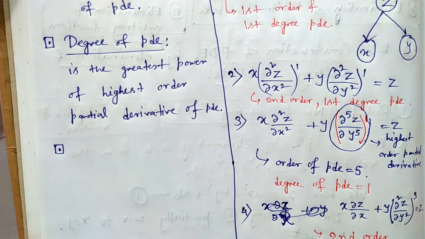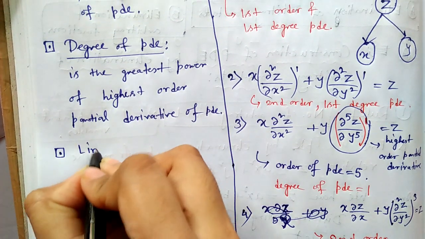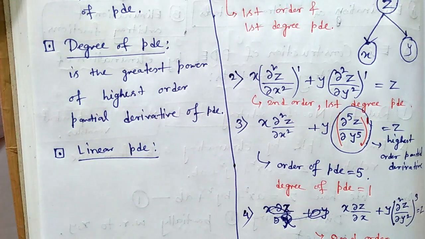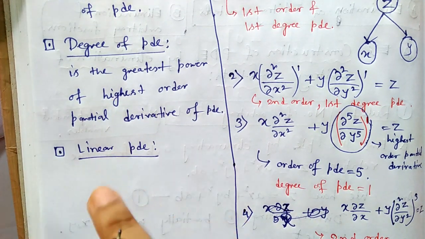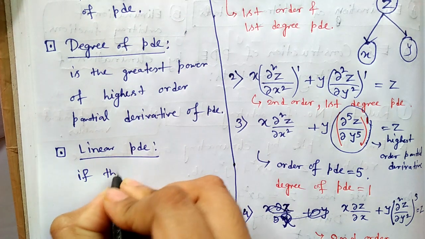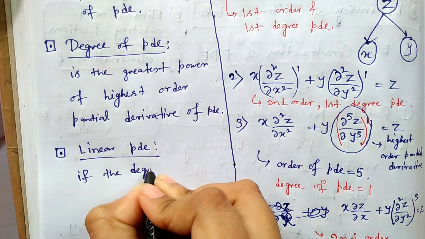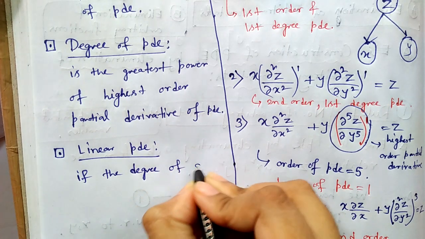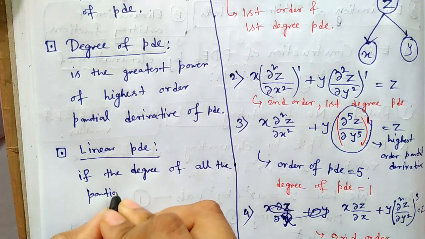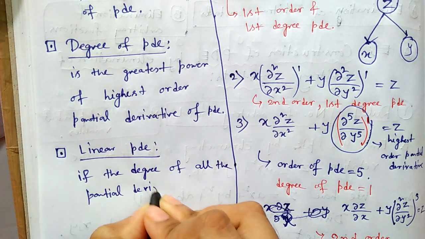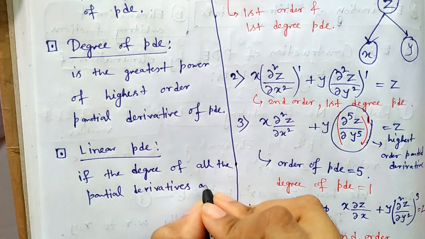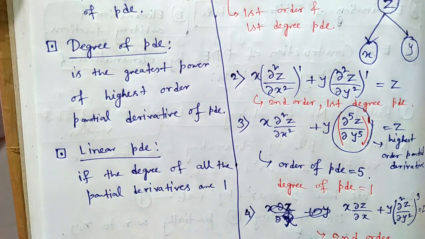So our next point is linear PD. A PD is called linear if the degree of all the partial derivatives is equal to 1.